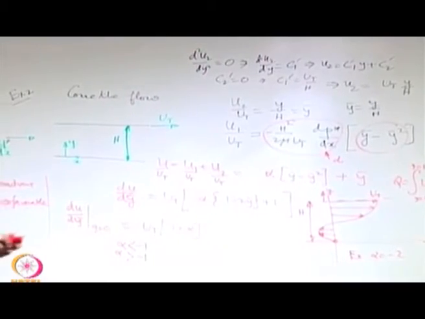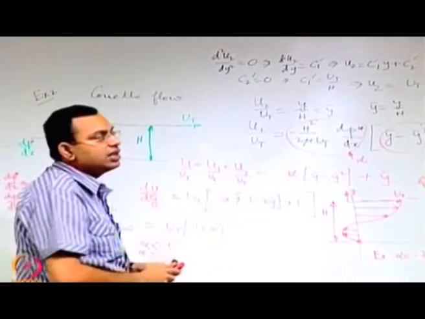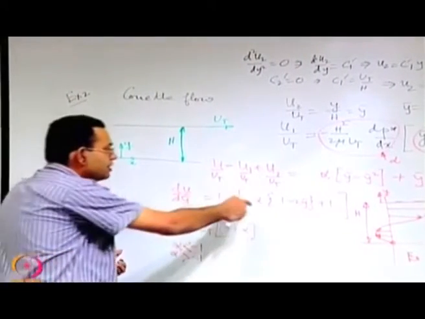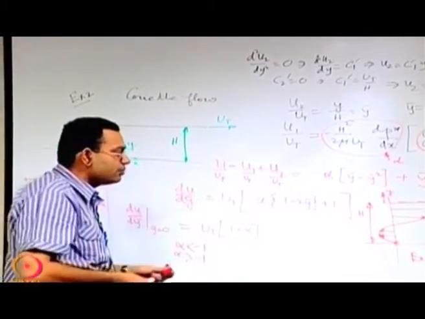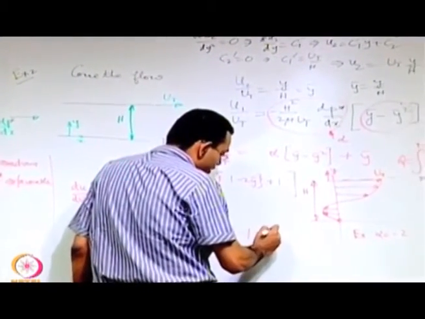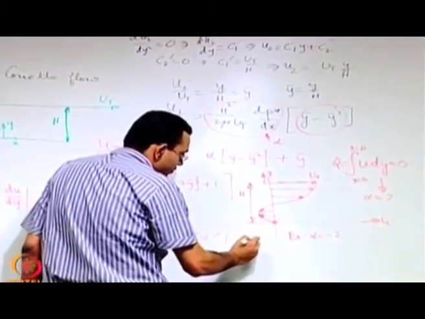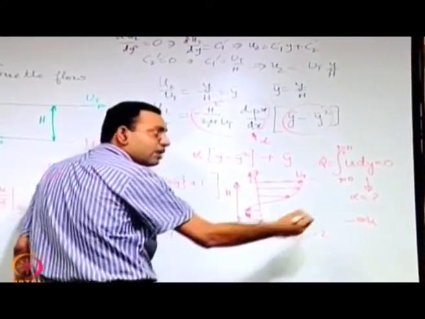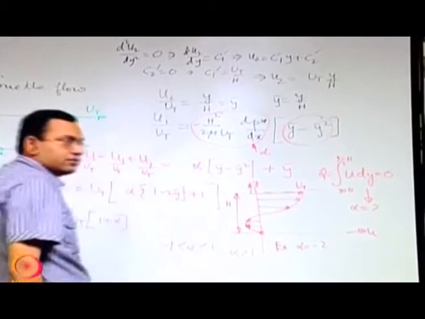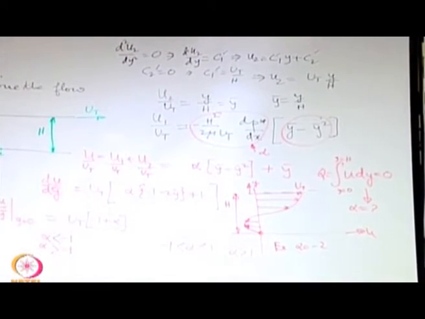So the combination of different pressure gradient and shear that you should look into by trying different values of alpha. What values typically should you try? Say alpha between -1 to 1, alpha greater than 1, for example alpha equal to 2, and alpha less than -1, for example the one we have taken, alpha equal to -2.